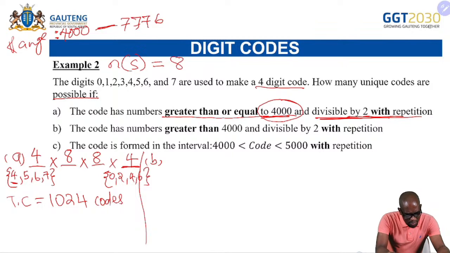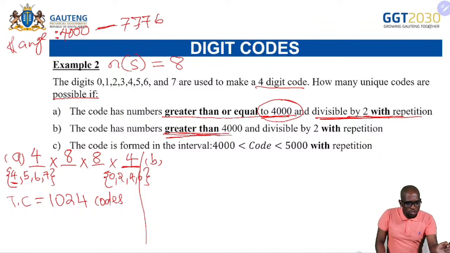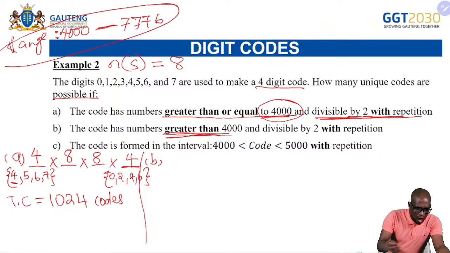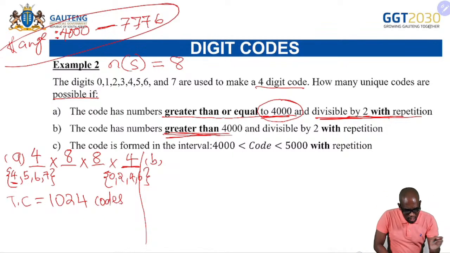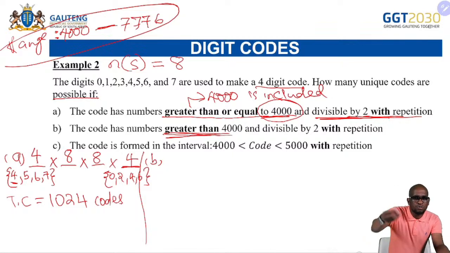The code has numbers greater than 4,000 and divisible by 2 with repetition. Now, if you check the second one, they just said greater than 4,000, which means we have the same range. However, 4,000 must not be included. In the first condition, 4,000 is included because they said greater than or equals to 4,000.